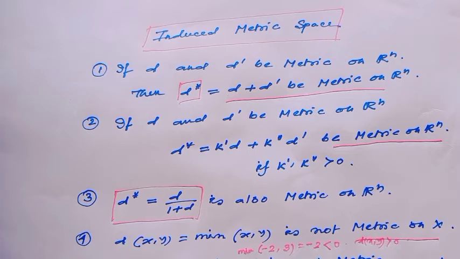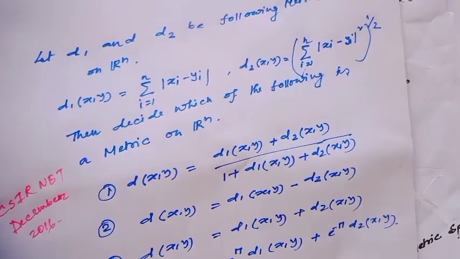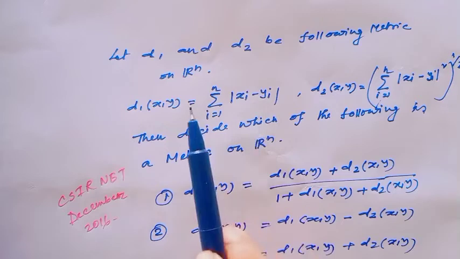Here is one example which came in CSIR NET December 2016. The construction is of this type: let D1 and D2 be the following metrics on Rn.